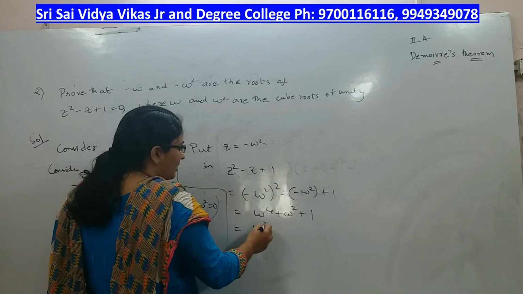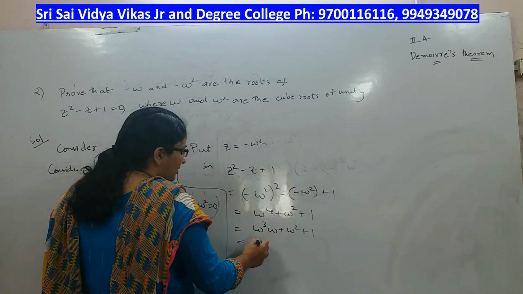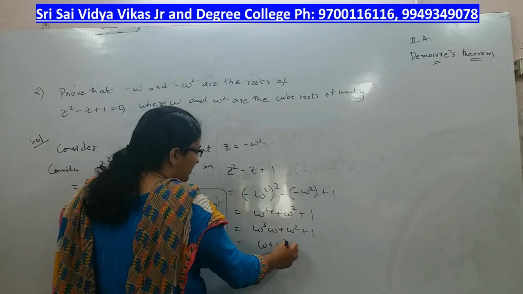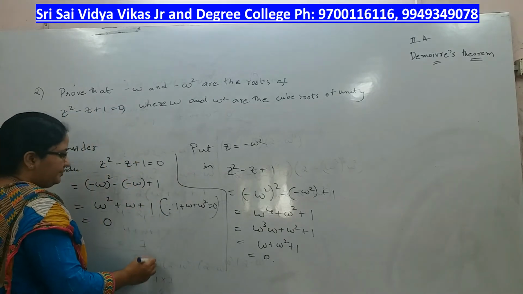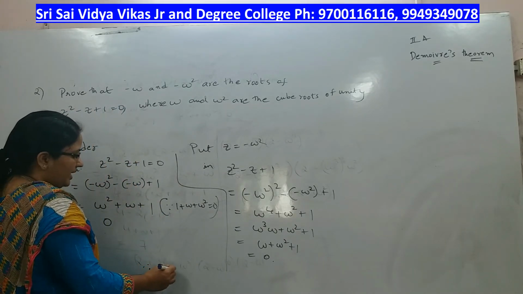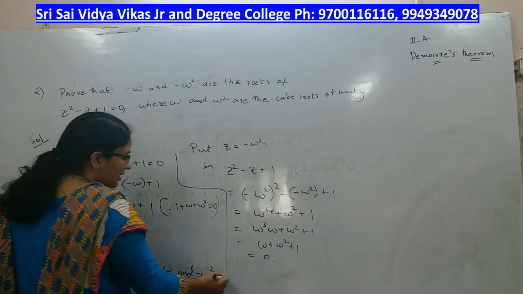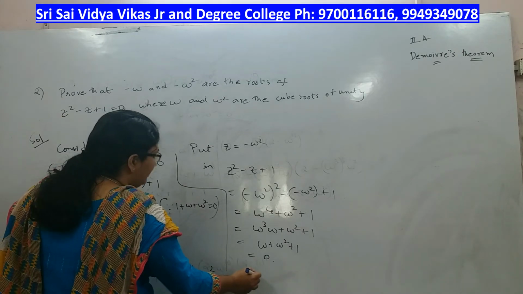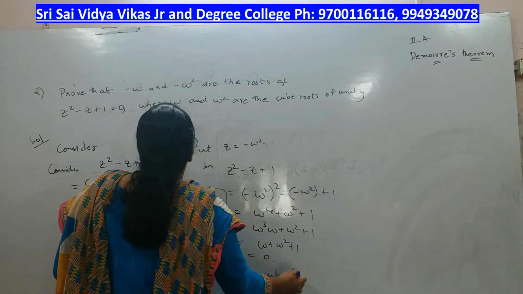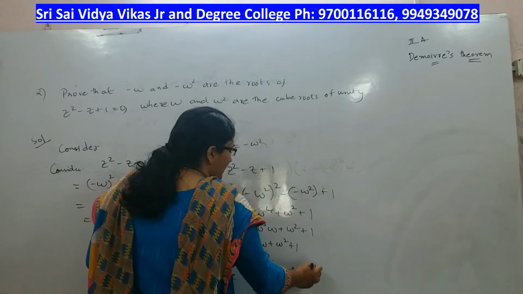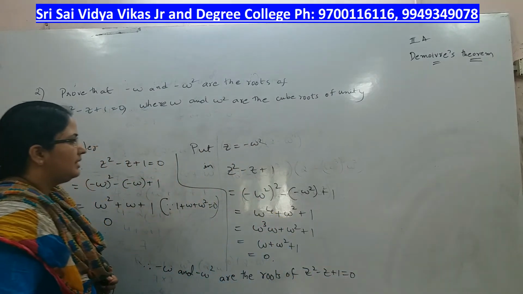This is nothing but ω³·ω + ω² + 1, which is equal to ω + ω² + 1, which is equal to 0. Therefore −ω and −ω² are the roots of z² − z + 1 = 0. That is about this problem.